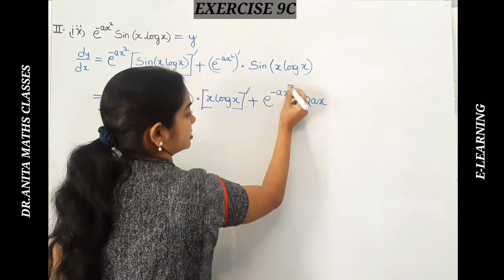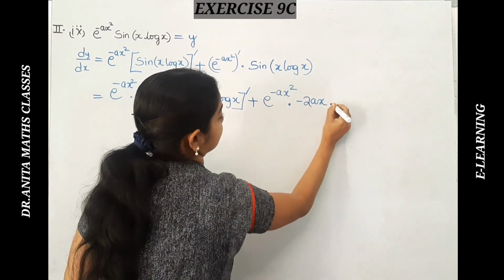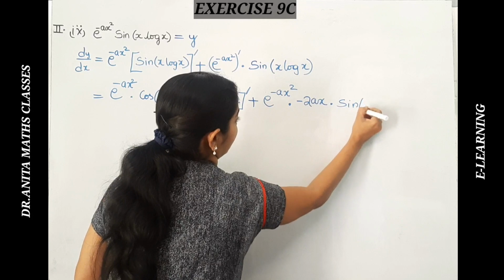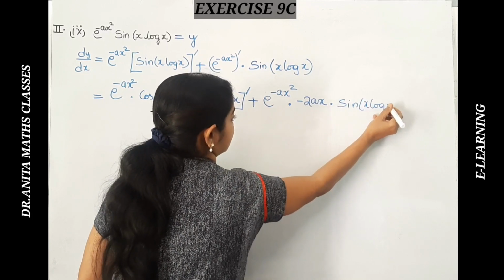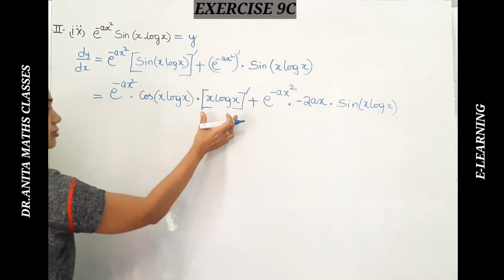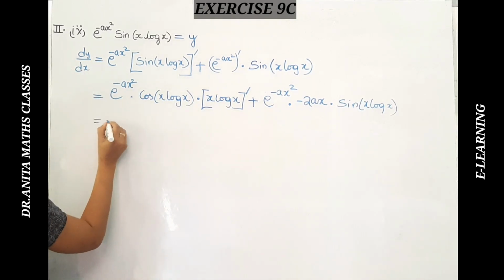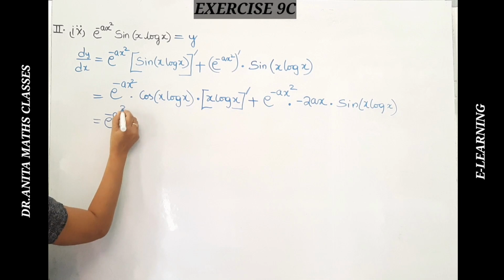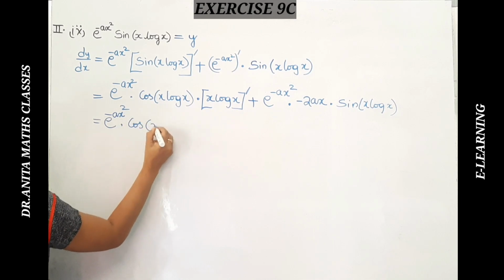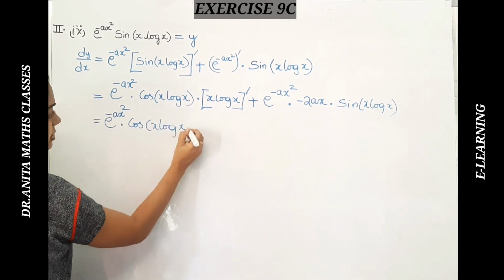Multiplied by sine of x log x, right? Here we should do the derivative of this again in the form of uv. So that I'll do e raised to the power of minus ax square cos of x log x.